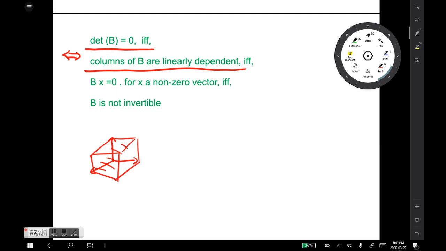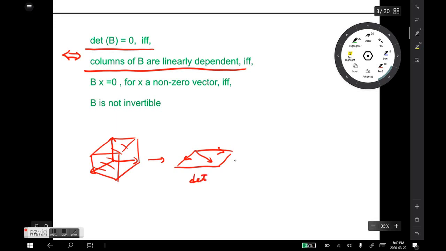If the determinant is 0, it means that these three vectors don't generate any volume, don't generate a parallelepiped, so they have to be in the same plane, and so the determinant is 0.